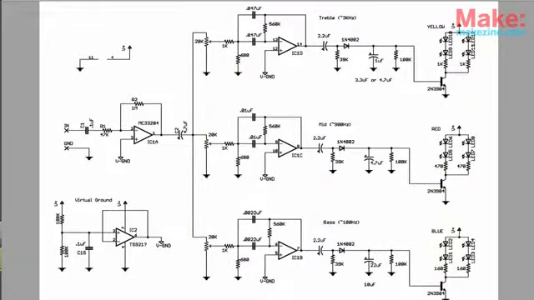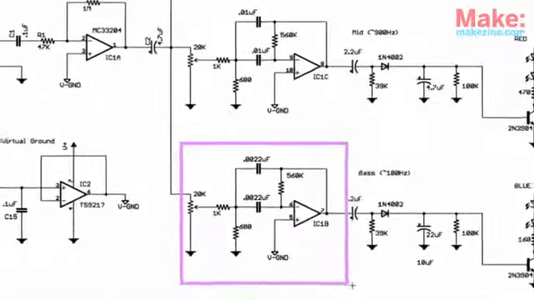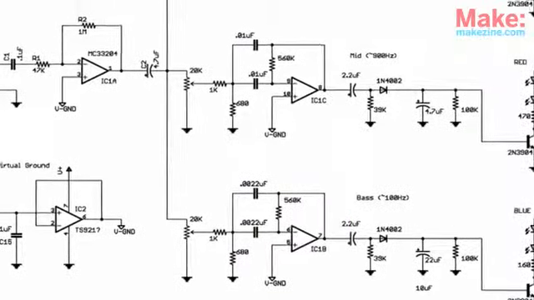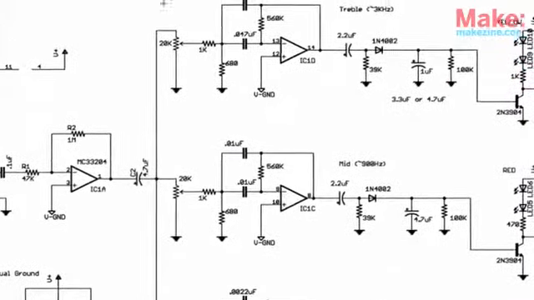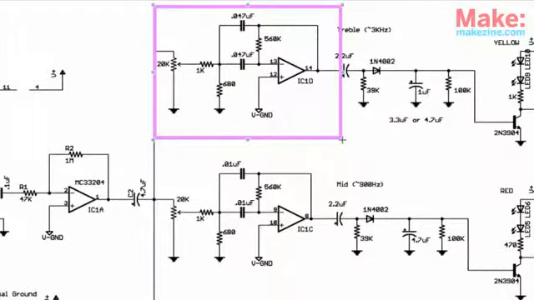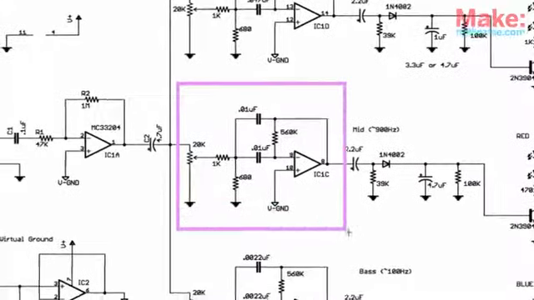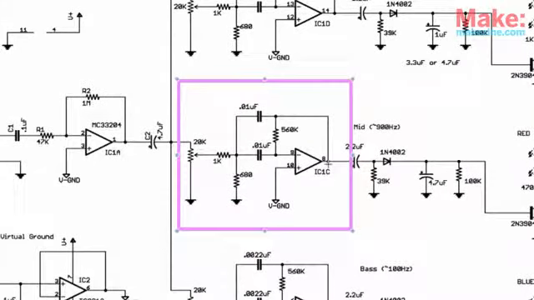Each of these filters allows a different part of the audio spectrum to pass through. Relatively slow changes in the audio waveform will appear at the output of IC-B. Fast fluctuations will be output from IC-D, right about here. And the mid-frequency band will pass through IC-C's filter.